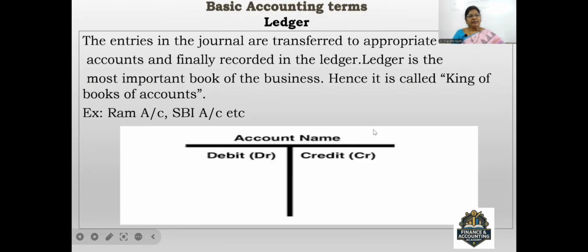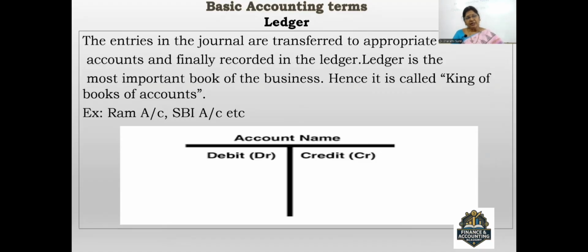Next, ledger. What is a ledger? All the entries, whatever we have written in our journal, will be transferred to the ledger into appropriate accounts. Say, my name is Bharathi, okay, Bharathi account. And say I have my account in SBI, SBI account, and my channel name is Finance and Accounting Academy.